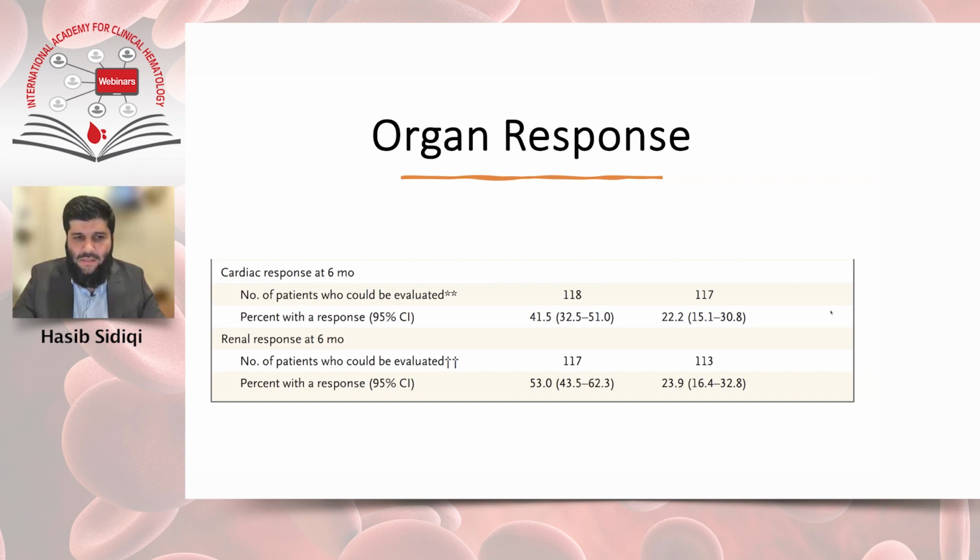So here we see that the cardiac response rate was 41% in patients receiving daratumumab compared to 22% in those receiving Cyborg alone, as well as a renal response rate, which was 53% compared to 23% in patients receiving Cyborg alone.